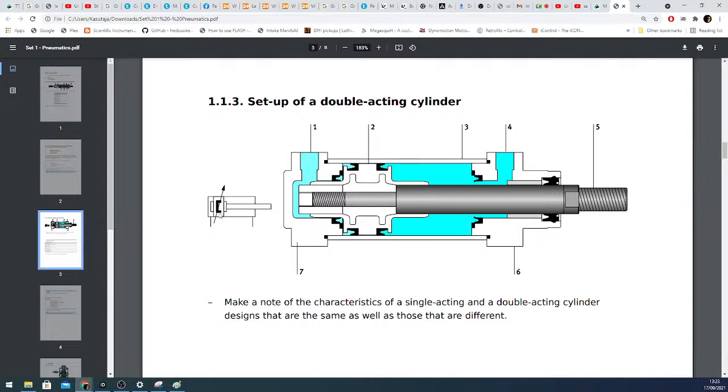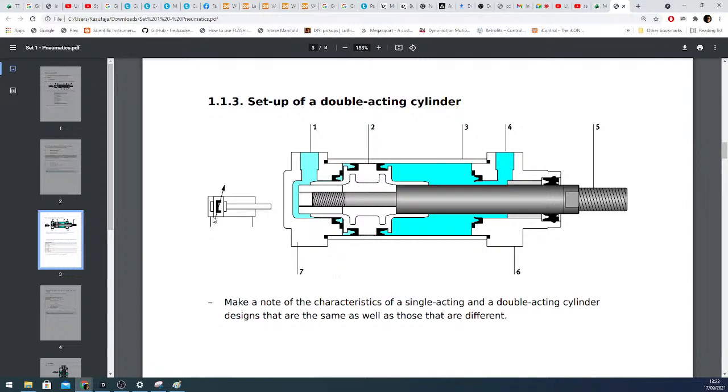This C-shaped element here means that this piston has a magnetic ring to it. That means we can use magnetic sensors for detecting the position of the cylinder by using magnetism. And this arrow here means that the cushioning part is actually adjustable.